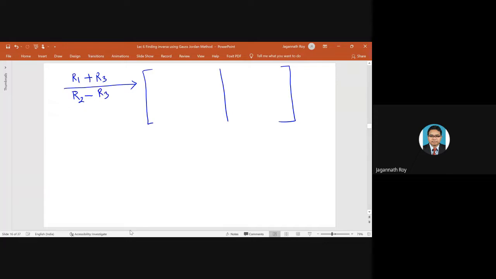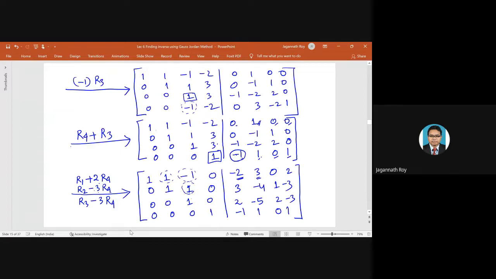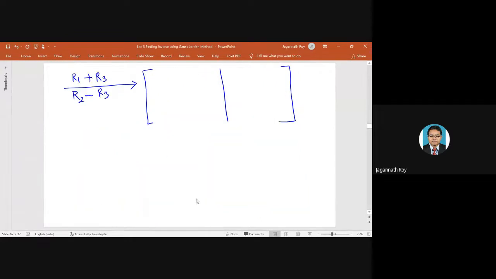Remember, for each operation, we have to understand which one is the pivot. Now here it is the pivot and we want to make them 0. So this will be our multiplier to make others 0. That is why we want these operations.